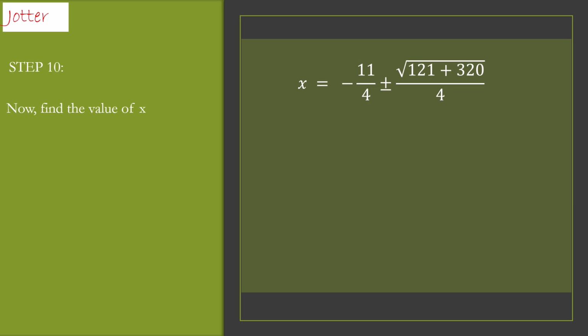Step 10, we want to simplify the right hand side. The two terms in the right hand side have the same denominator. Minus p over y plus or minus q over y, because they have the same denominator, is going to be minus p plus or minus q over y.